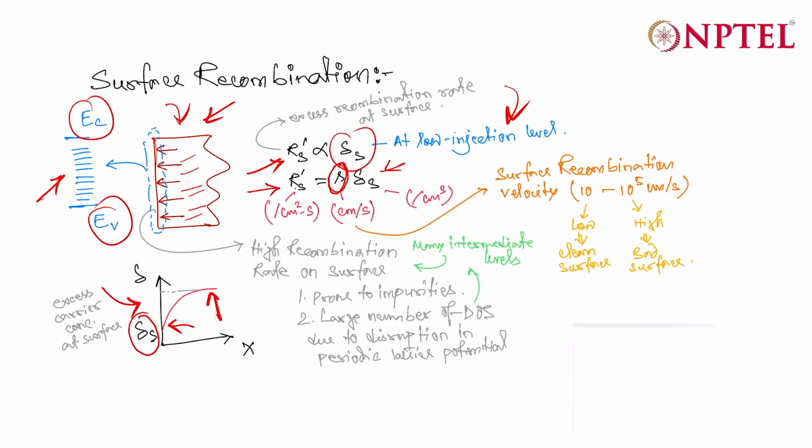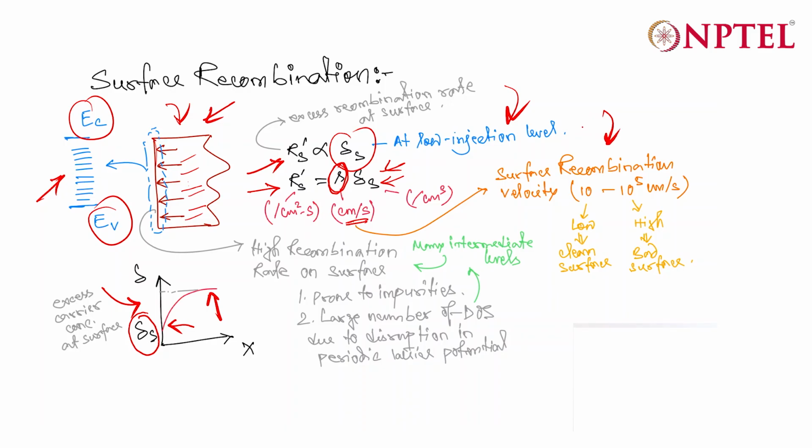For R dash or Rs dash, the unit is per centimeter square second. In case of delta S, it is per centimeter cube. So for the constant S, the dimension should be centimeter per second, which is the dimension of a velocity, and that constant is known as surface recombination velocity.